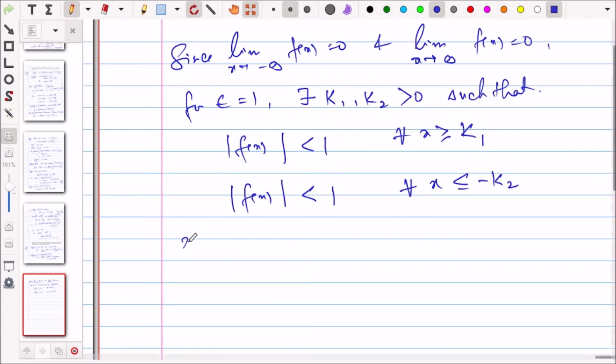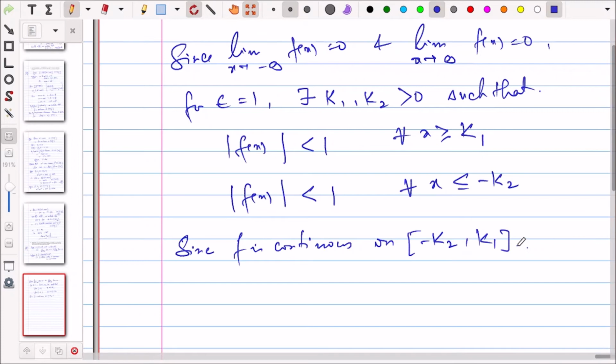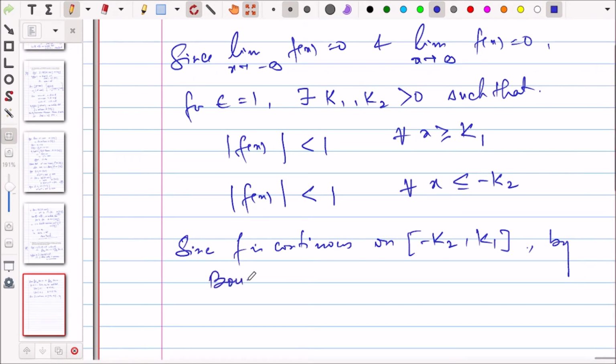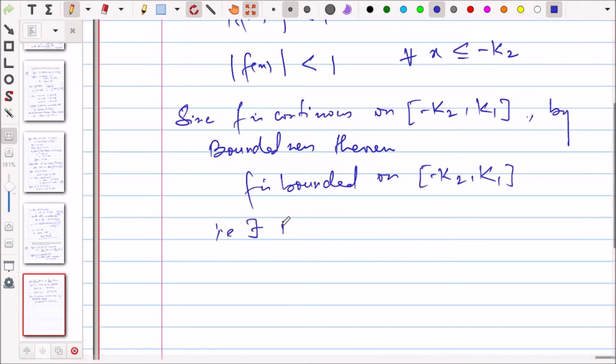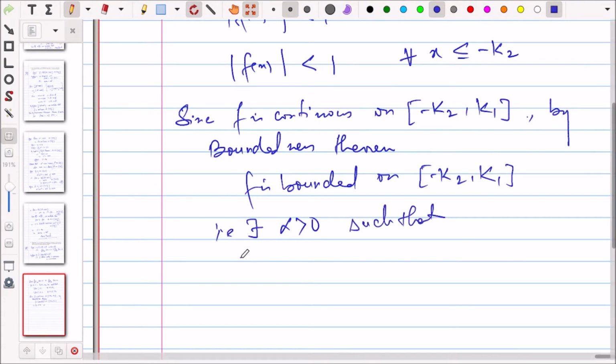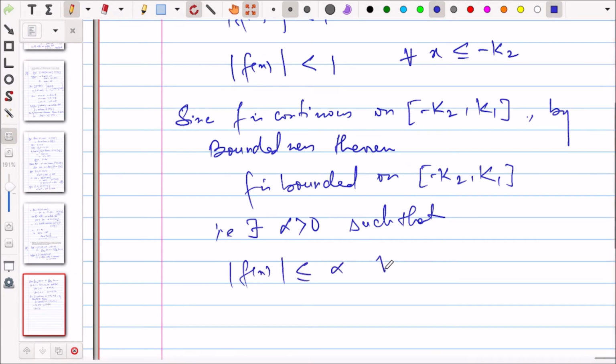Now, since f is continuous on minus k2 to k1, by the boundedness theorem f is bounded on minus k2 to k1, that is, there exists alpha greater than 0 such that modulus of f x is less than or equal to alpha for all x belonging to minus k2 to k1.